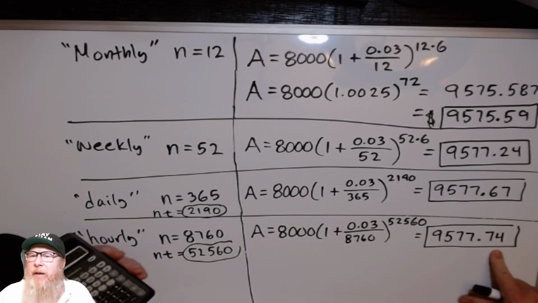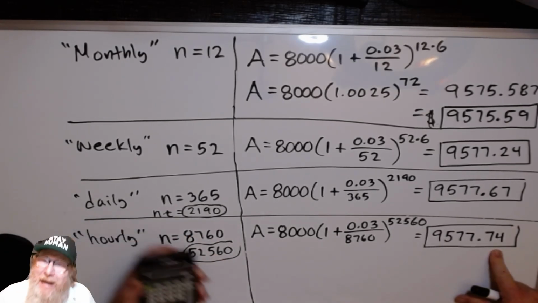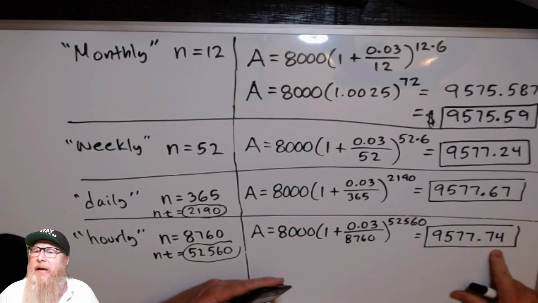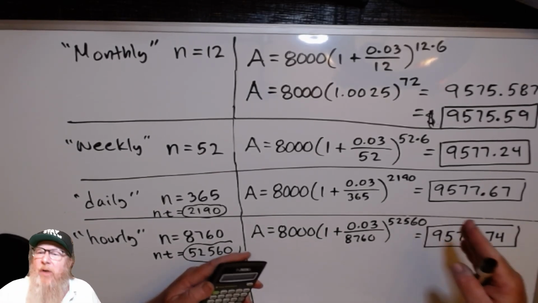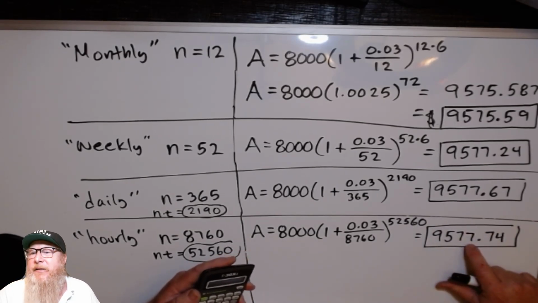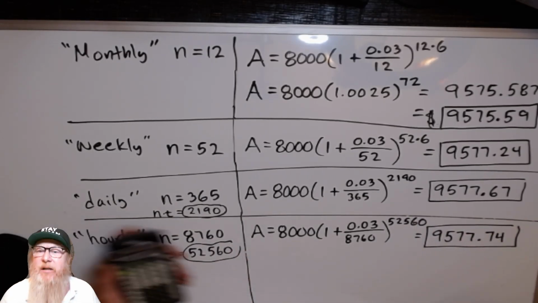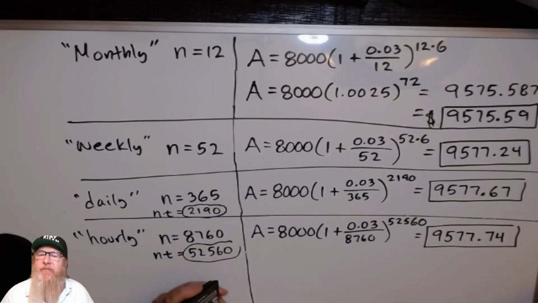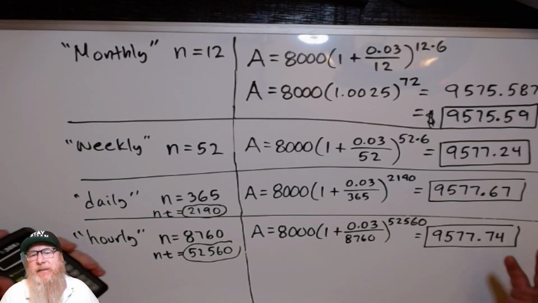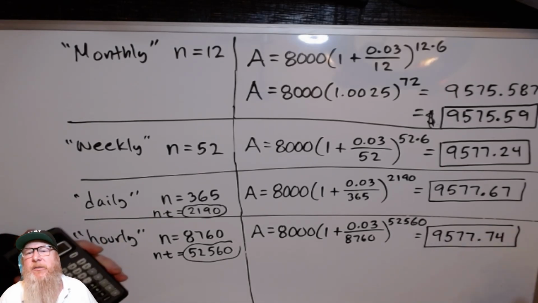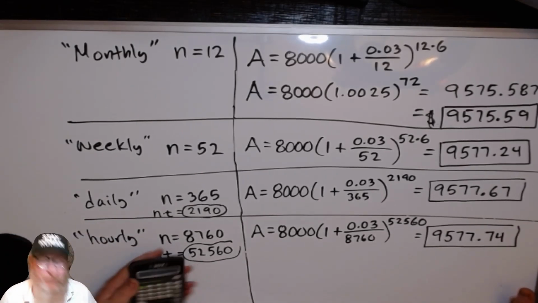So I'm going to keep going because I'm greedy. I want every last penny, right? Can I get this up to 99 cents? Maybe I can get it to go over 99 cents and get this to be $9,578. I want to squeeze every last penny out of this. And that's really where the limit is going to appear to us, when we really push it to the limit.